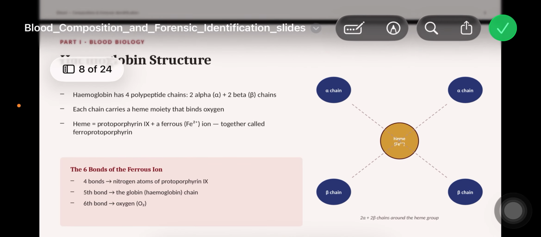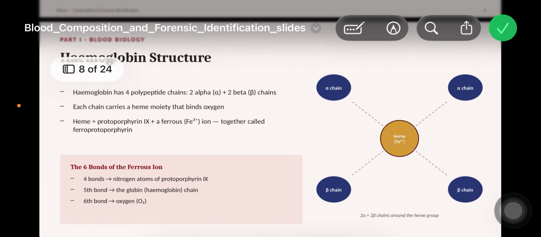Okay. Moving to hemoglobin structure. Hemoglobin has 4 polypeptide chains, 2 alpha plus 2 beta chains. Each chain carries a heme moiety that binds oxygen. Heme is known as protoporphyrin 9 plus a ferrous ion, and together they are called ferroprotoporphyrin.